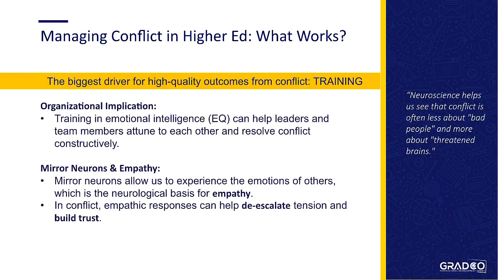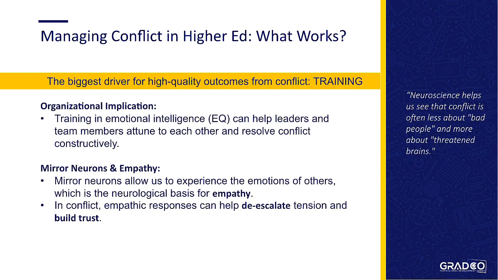Now, managing conflict in higher education, what works? What's really the key behind it? Well, what they found is the biggest force that changes the nature of conflict in higher education or in other institutions as well is training in emotional intelligence, training in conflict management.